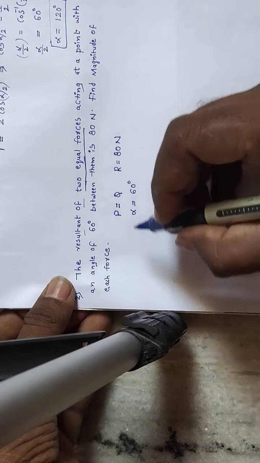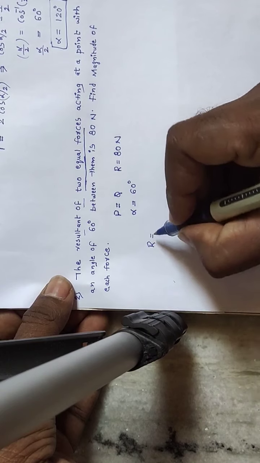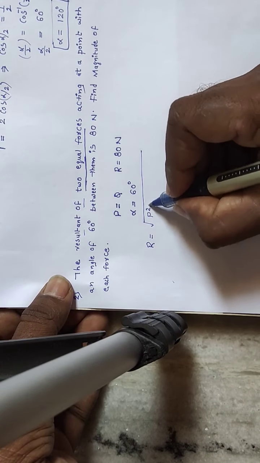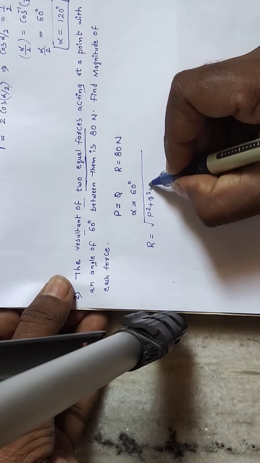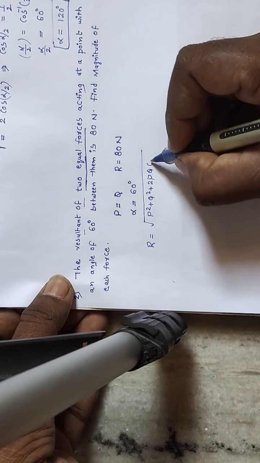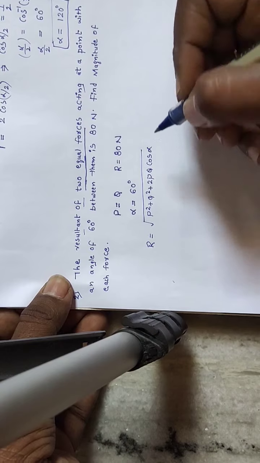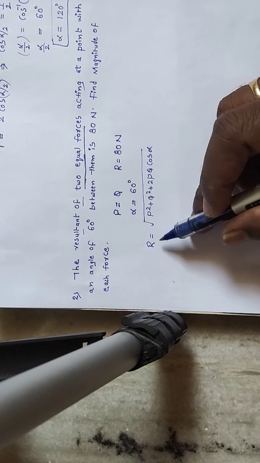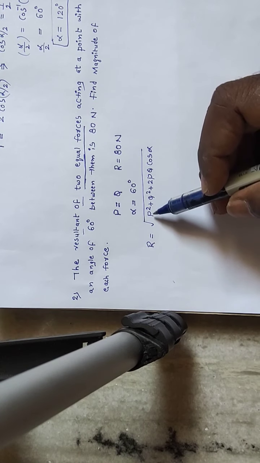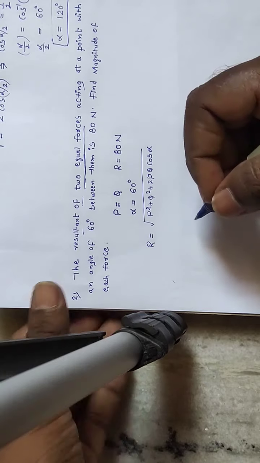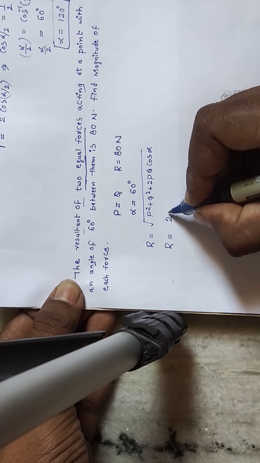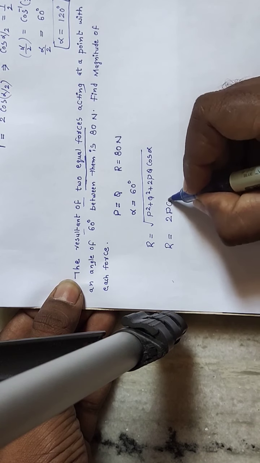So resultant R equal to under root of P square plus Q square plus 2PQ cos alpha. According to parallelogram law, this is the formula for resultant. We have already discussed in the previous class that when two forces are equal, then the resultant R value will become 2P cos alpha by 2.